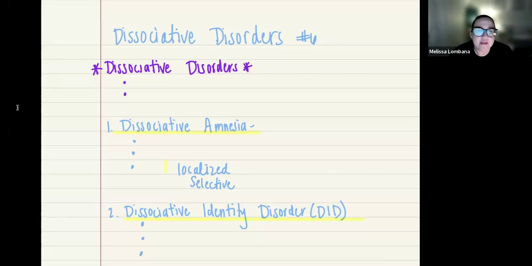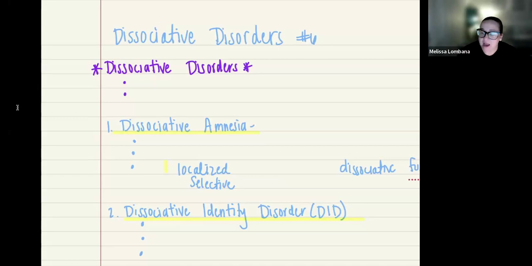Now, that behavior is actually called, and I'll write it down, dissociative fugue, I think that's how you pronounce it, fugue experience, okay? And what that means is basically that there's a complete loss of awareness of a person's own identity.